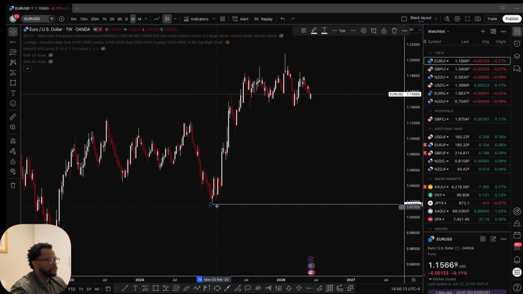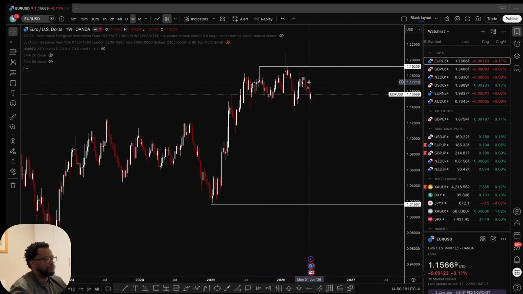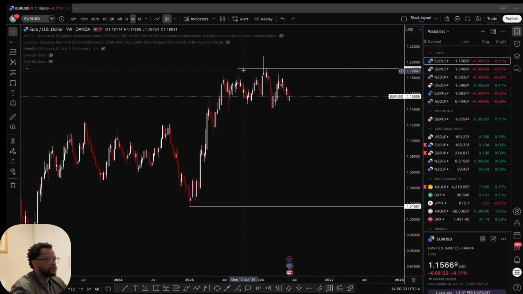This is the low of the range, and this is the high of the range. I'm just gonna take this wick, that's the high of the range. So we're currently trading in our internal structure, within the external structure.